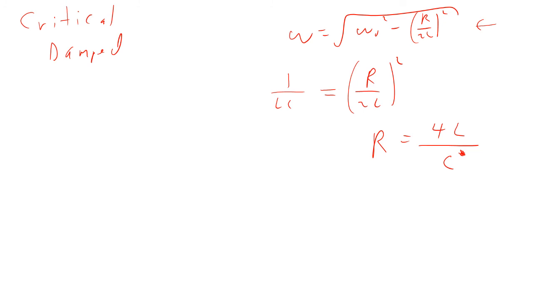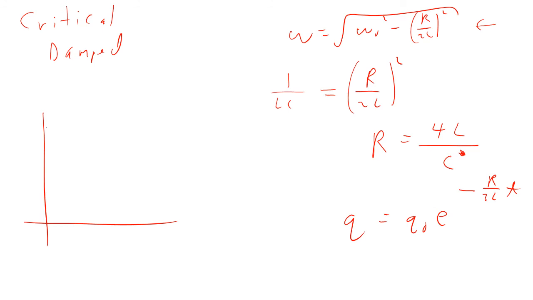Then the cosine term is a constant. Now all that we have is Q equals Q naught e to the minus r over 2l t, so we have exponential decay. This would be the case of a circuit that is perfectly matched, so that when it's charged, it drops back to zero as quickly as possible, exponential decay.